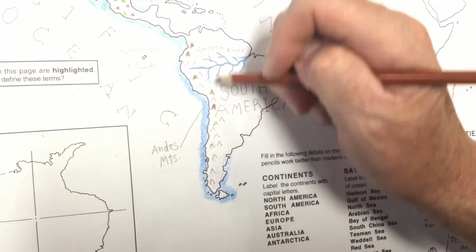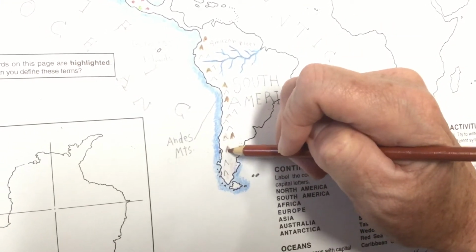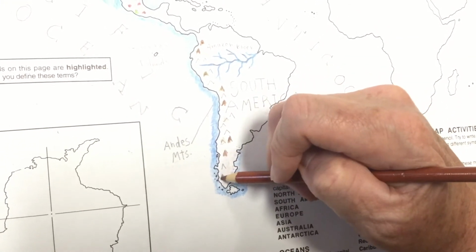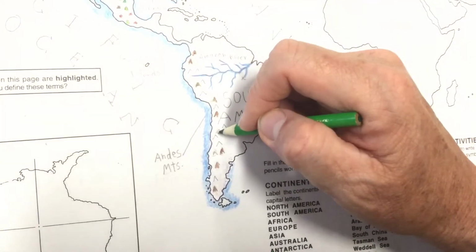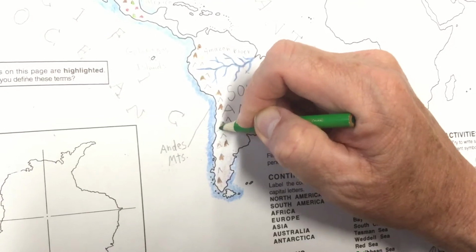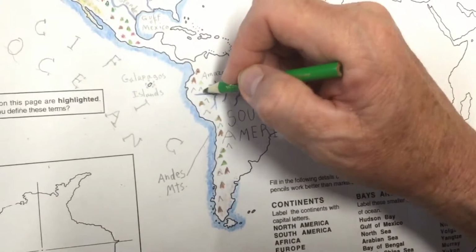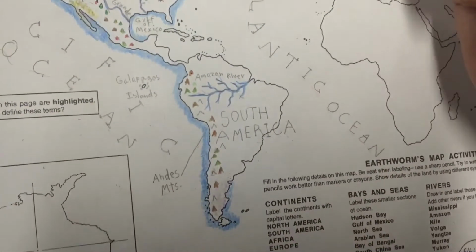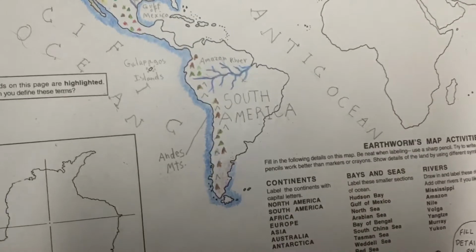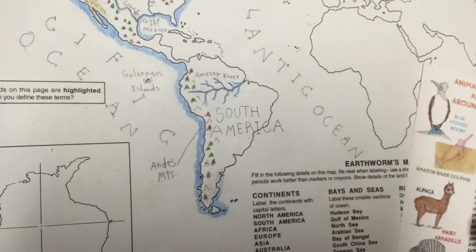The slower you go, the better your map will look. Color each mountain individually. All right, I think that's looking good. I'll finish up some of those other mountains a little bit later. Let's go on to the next.